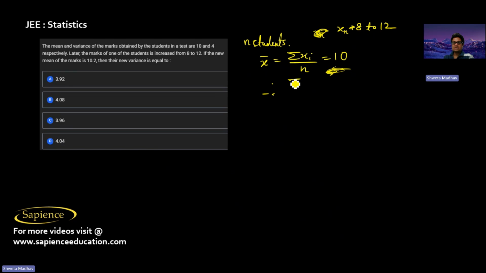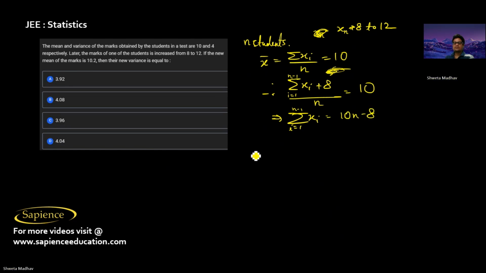So summation xi from 1 to n minus 1 plus xn, that is 8, divided by n, is equal to 10. Therefore summation xi from i goes from 1 to n minus 1 is 10n minus 8. The new mean after increment is 10.2.